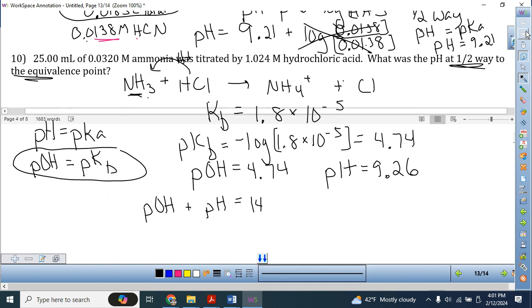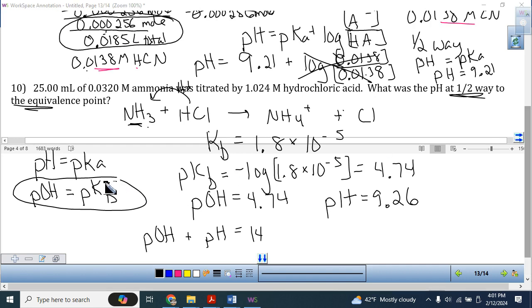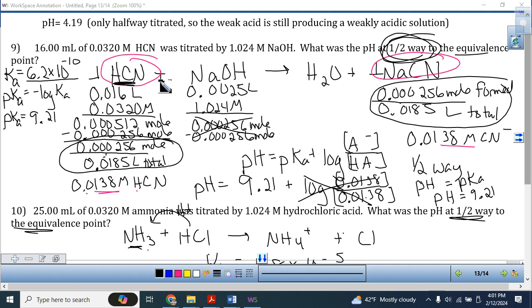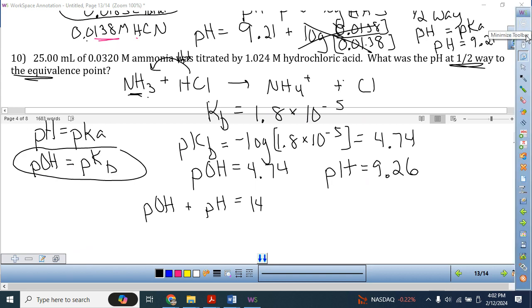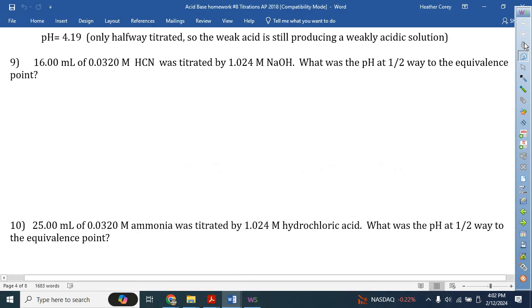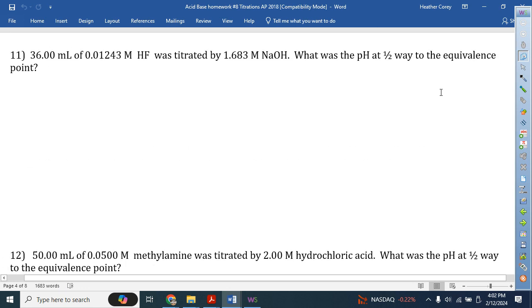Use whatever's weak. So here I had a weak base, so I'm using the Kb and the pKb. In the previous problem, I had a weak acid that was being titrated, so I was using the Ka of the weak acid and the pKa of that weak acid. Okay, so that's how you do halfway to the equivalence point.